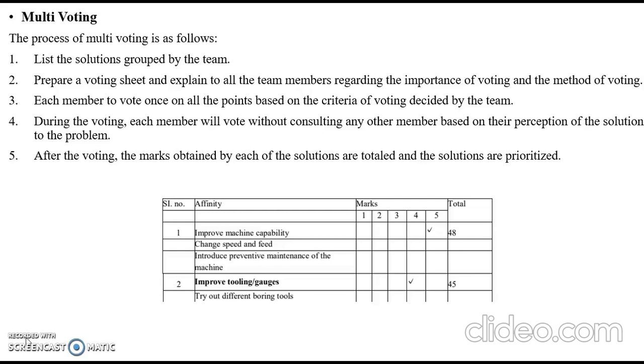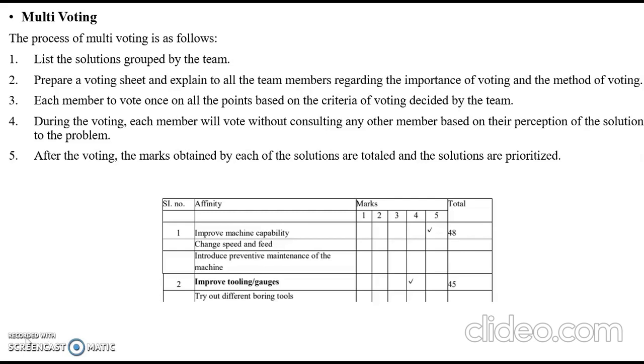Next, prepare a voting sheet and explain to all the members the importance of voting and the methods of voting. You should prepare ballots carrying a rating of 1 to 5, where 1 is least and 5 is the maximum.